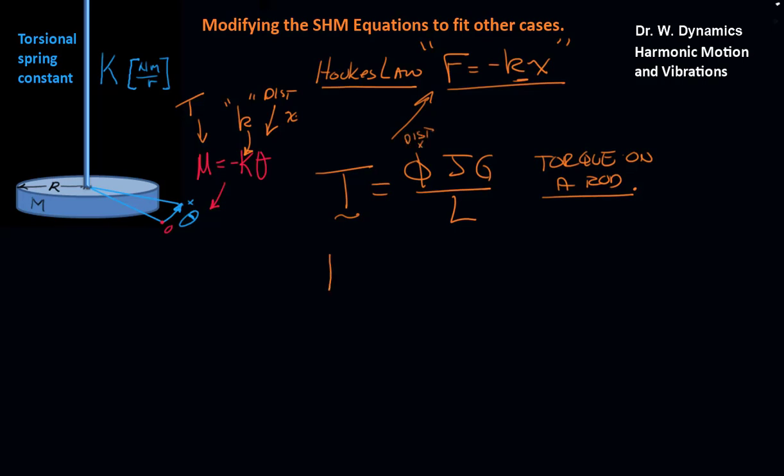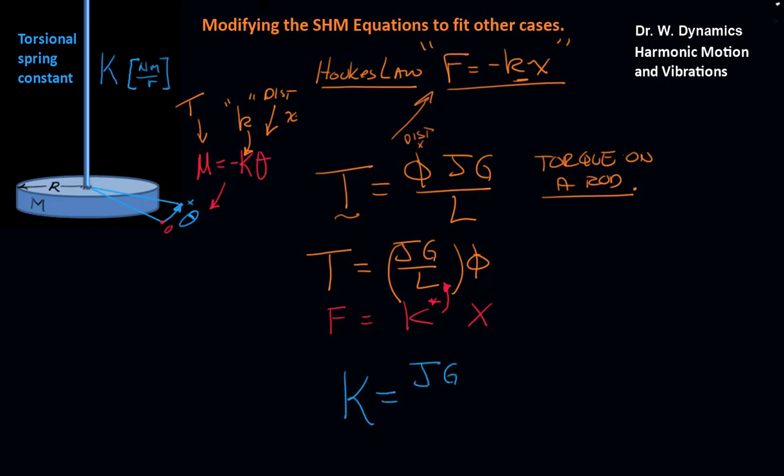If I rewrite this as torque is equal to j g on L phi, this has basically become F is equal to k x, the effective k of that rod. And in fact, that would be the capital K for this bar. It would be j g on L. We could compute it from material properties and geometric properties of the bar, for those of you that have seen that.